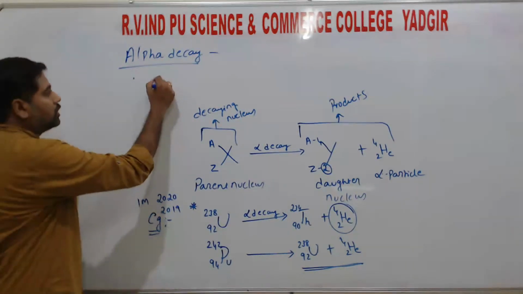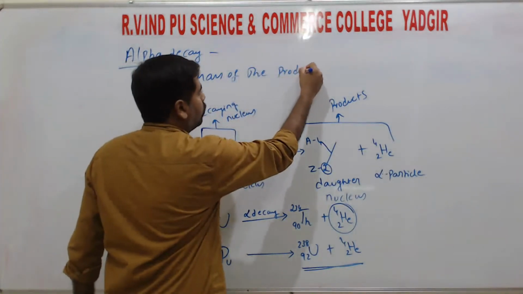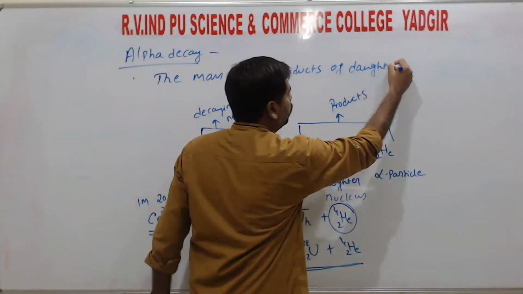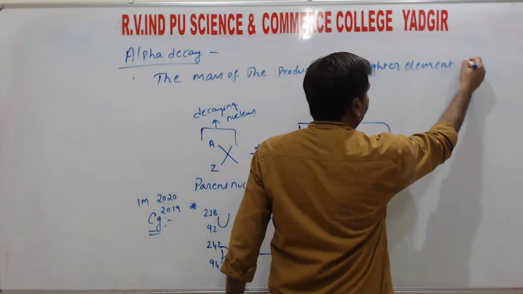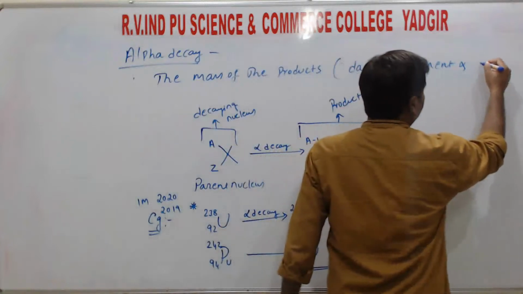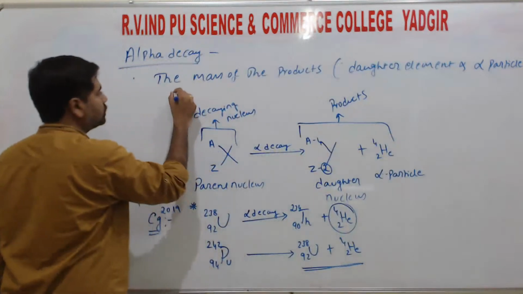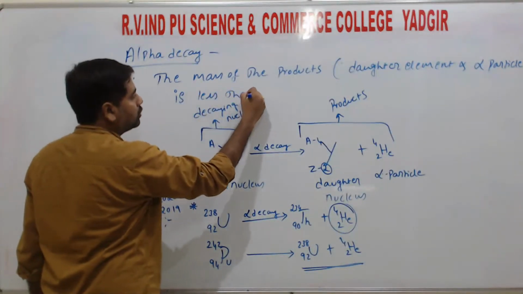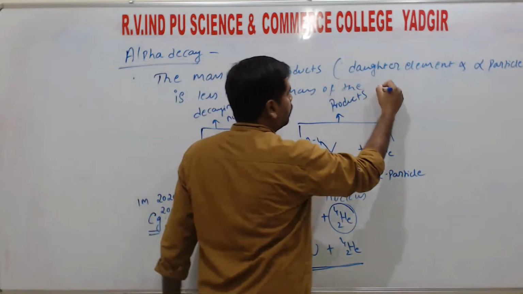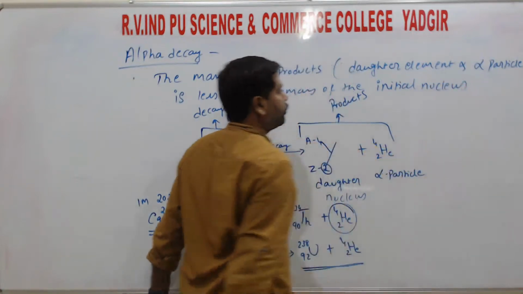So the reason is that the mass of the products, that is the daughter element and the alpha particle, is less than the mass of the initial nucleus, right?